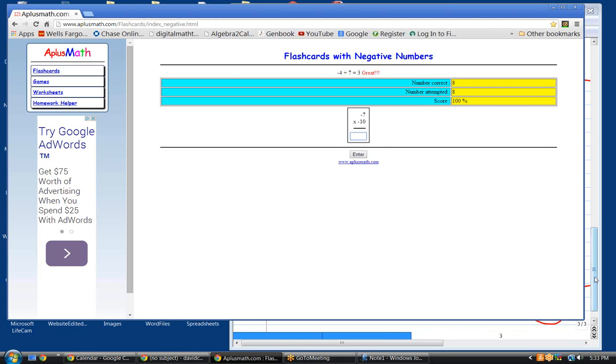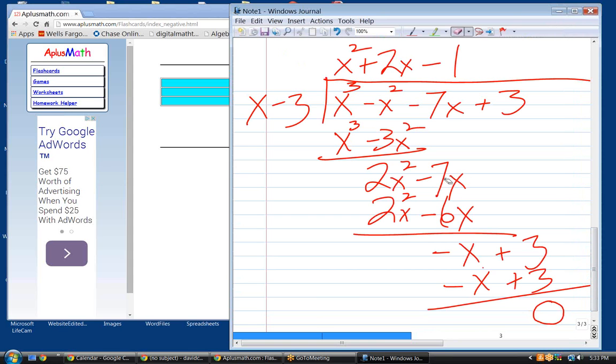When we're doing all of these, it's minus 7x minus a minus 6x. So we have a variable attached, but that doesn't mean you can ignore that variable. That's why synthetic division works. Variables, you don't need them. The only thing we ever work with is the constants, or the coefficients, rather.